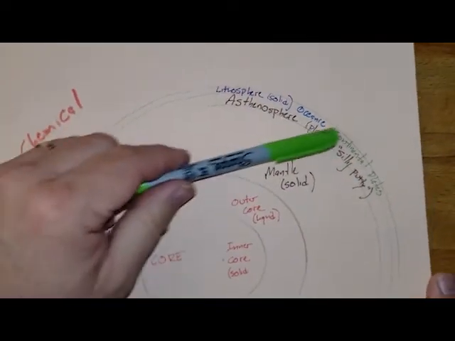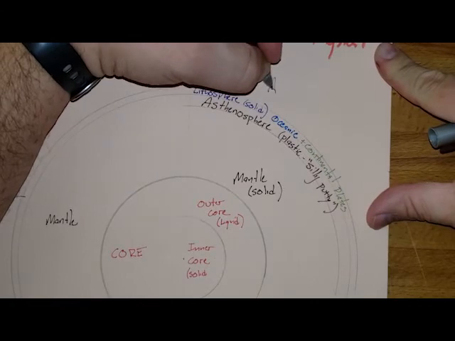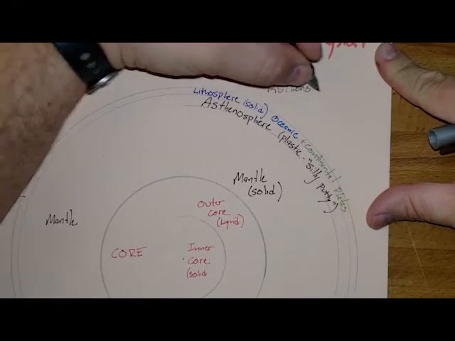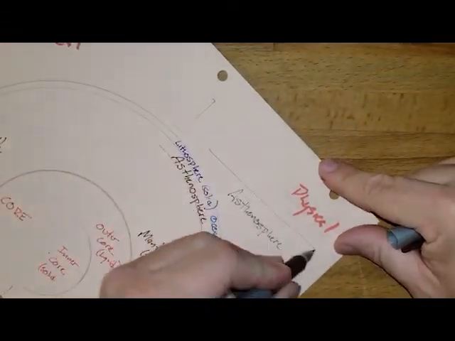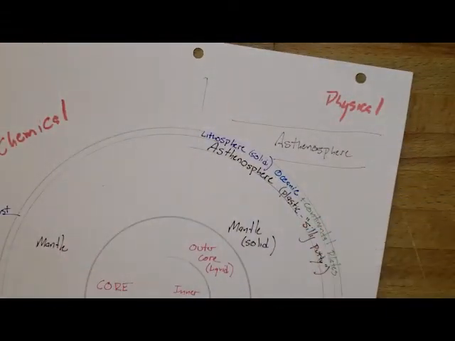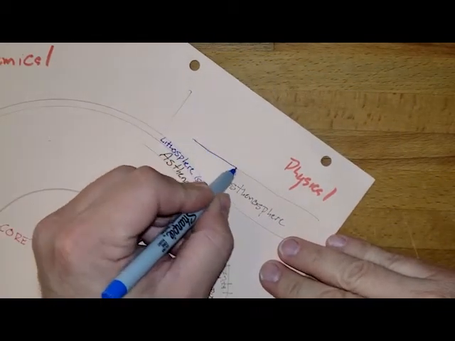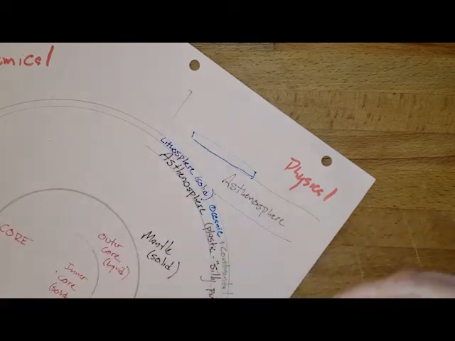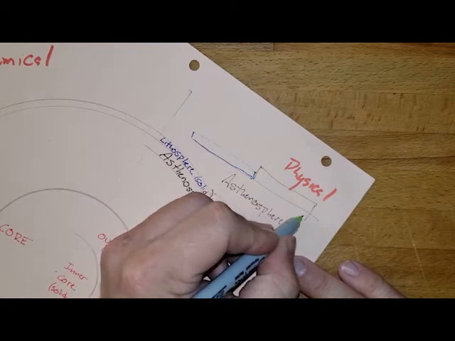This idea is the basis for our understanding of plate tectonics. If we look at our asthenosphere as this plasticky type material, floating on top of it are our oceanic plates, and in other places continental plates.